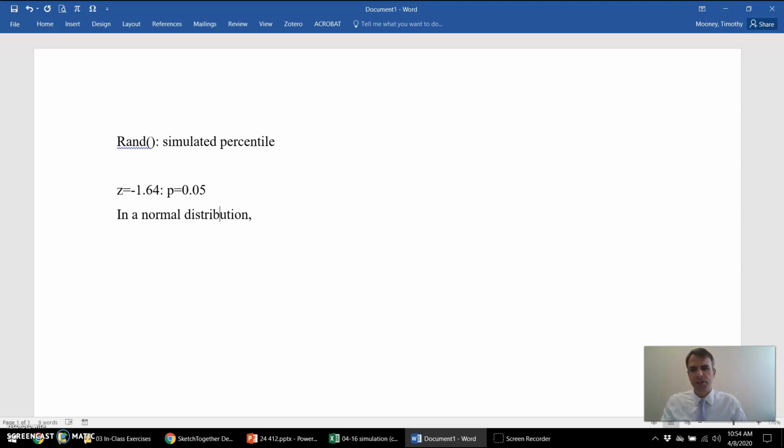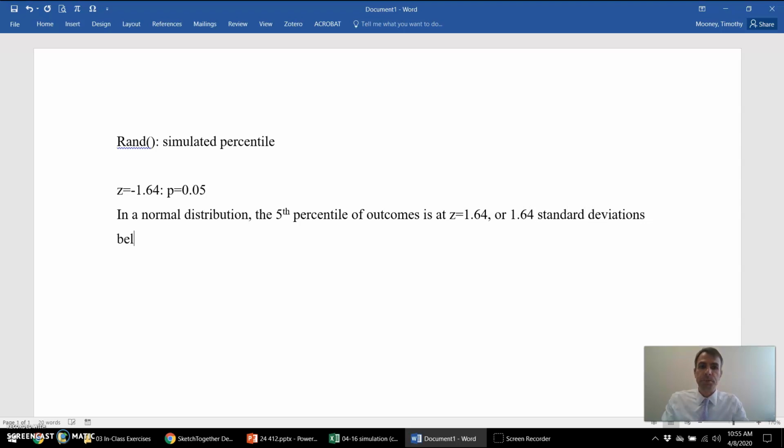The area under the curve to the left of z equals negative 1.64 is 0.05. So in a normal distribution, the 5th percentile of outcomes is at z equals negative 1.64, or 1.64 standard deviations below the mean.